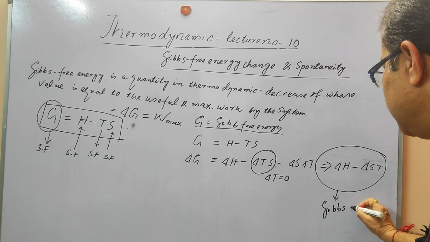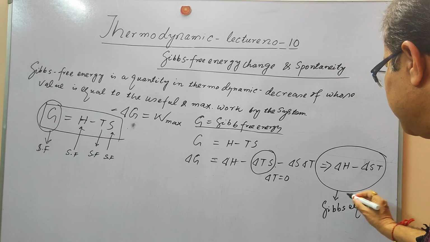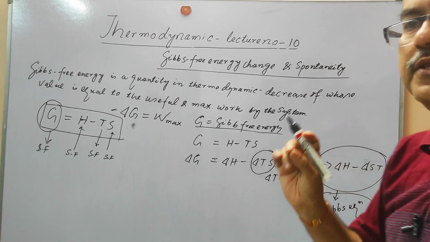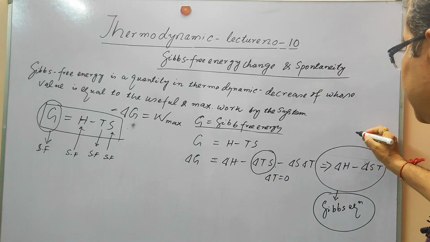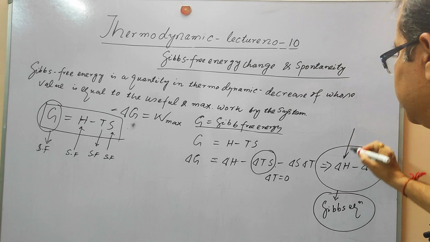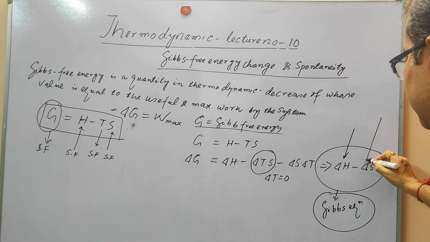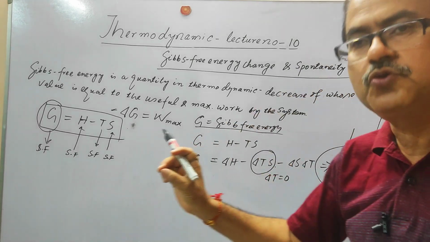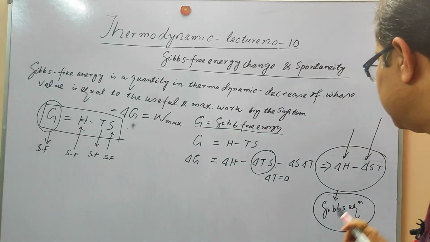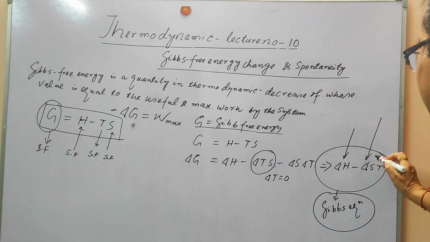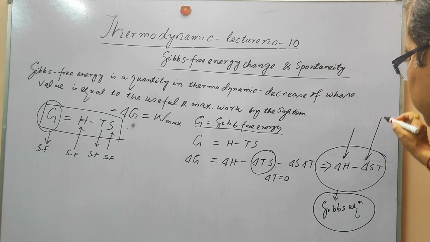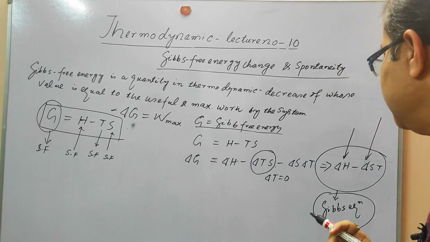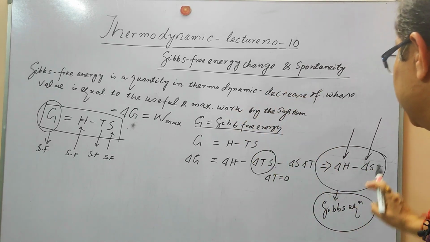In this Gibbs equation, you can observe a very important thing. The energy term, enthalpy, is incorporated. This energy term relates to the spontaneity of the reaction or process, and the delta S term is also related to the spontaneity of reactions, as we have already discussed.